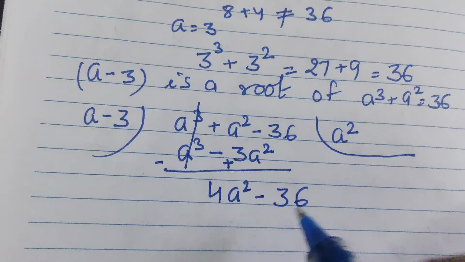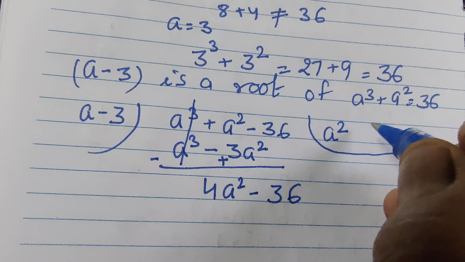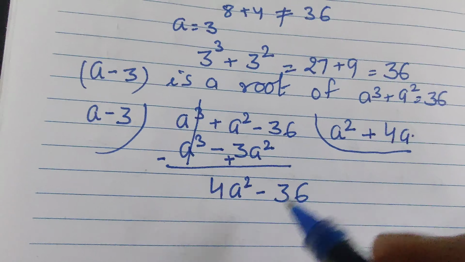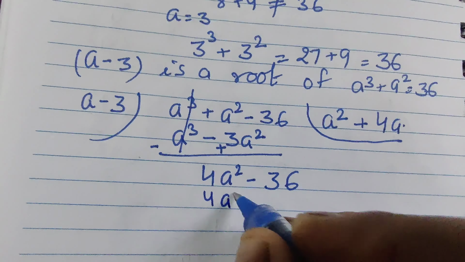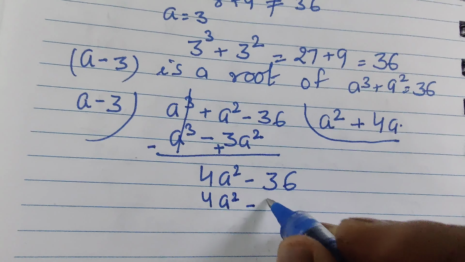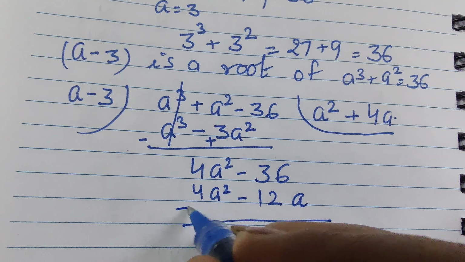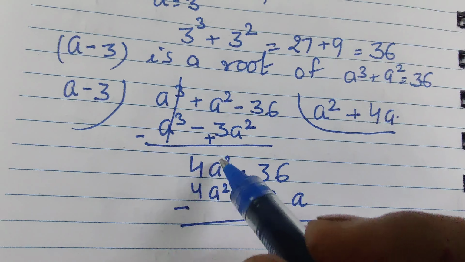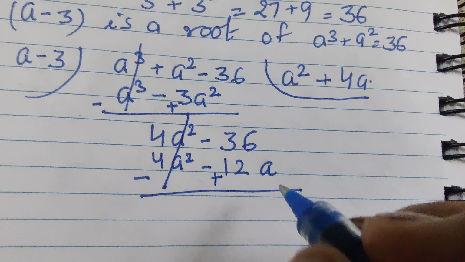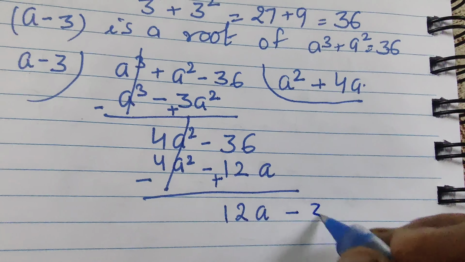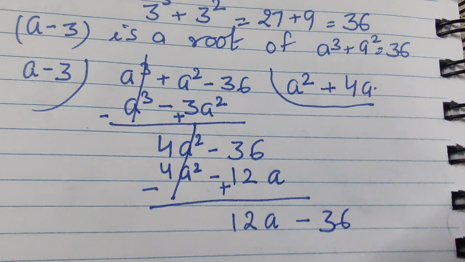Okay, again we have to multiply by 4a. It means 4a multiplied by a, we get 4a square minus 4 into 3, 12a. Again change the sign for subtraction, cancel, we get 12a minus 36. They are unlike terms.